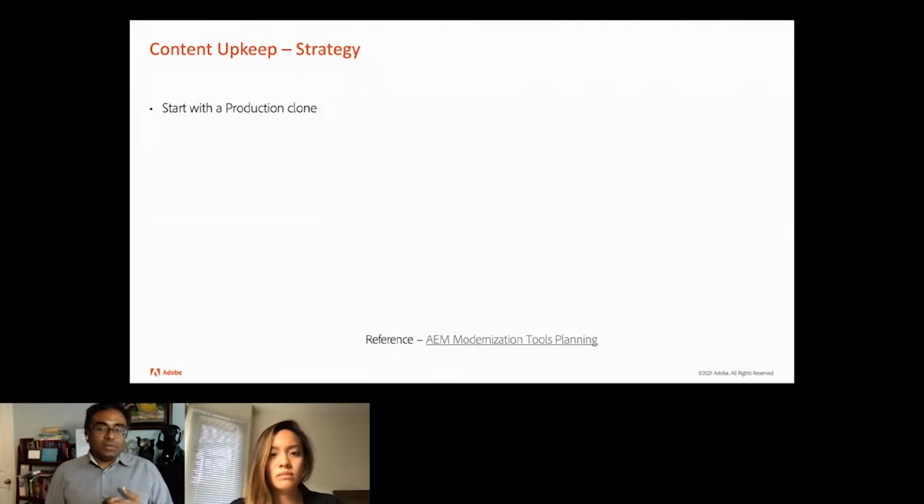Number one, the tools in the AEM modernization tool suite require configurations to identify the content to be modernized. Could it be pages? Could it be the components or the designs to be converted to the policies or the dialog? So there are going to be configurations, and eventually you are going to execute this modernization on your production content. So it is always better to start with a clone so that you can come up with those configurations and practice it, right?